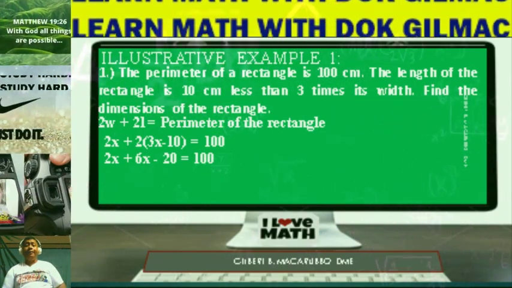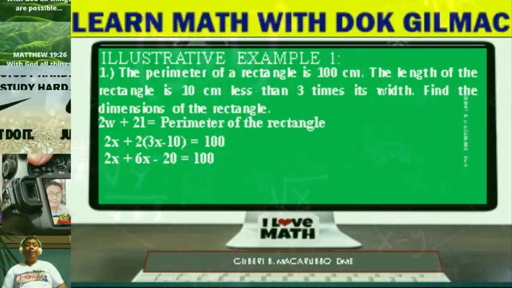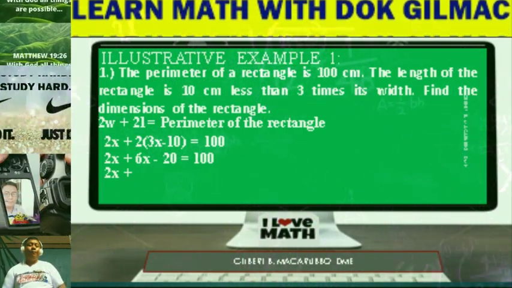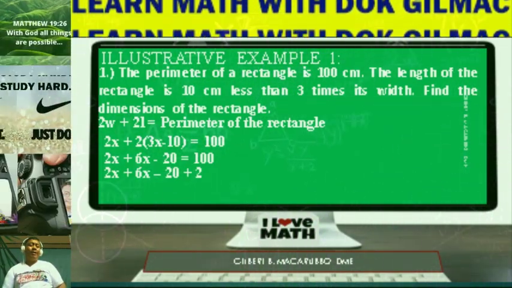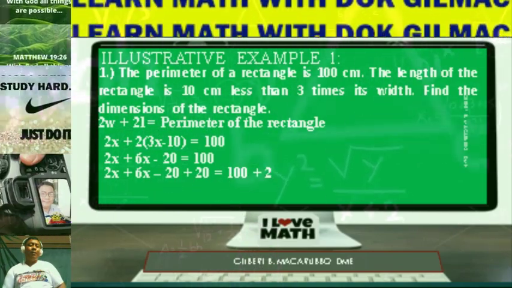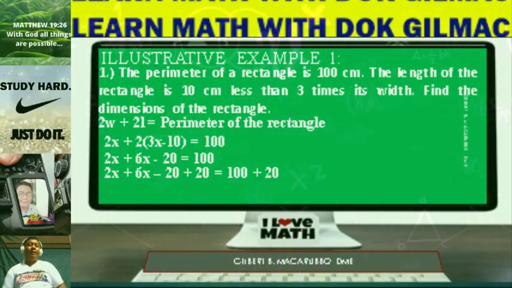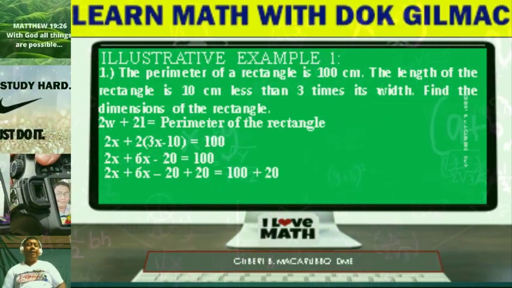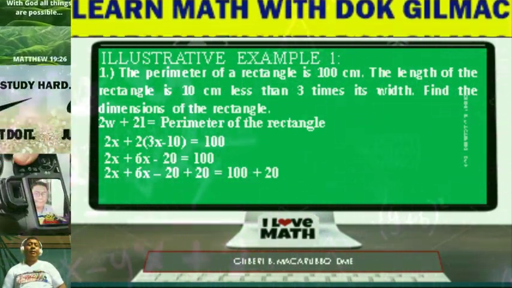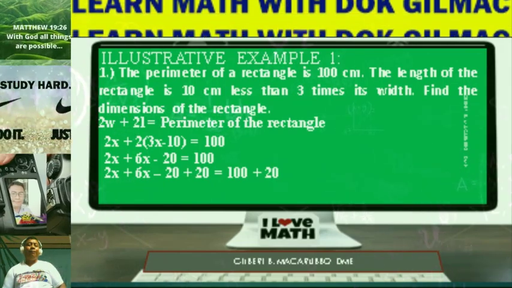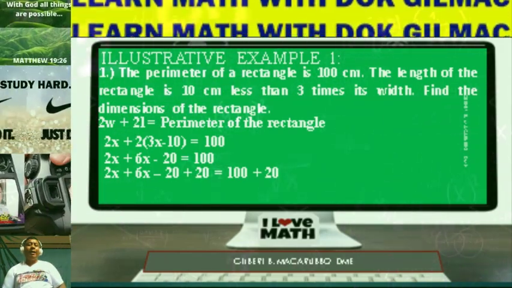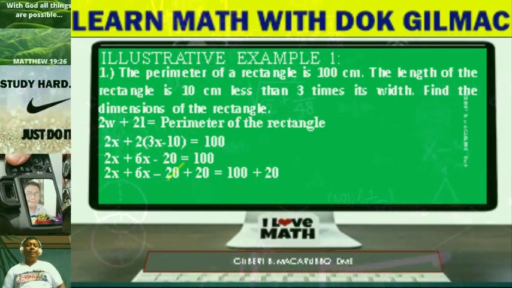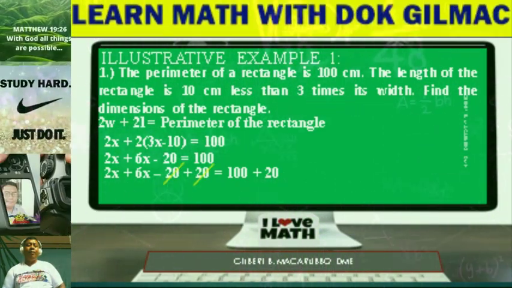Simplifying further, applying addition property of equality, we have 2x plus 6x minus 20 plus 20 is equal to 100 plus 20. From here, we can just cancel out negative 20 and positive 20 since they are additive inverse.